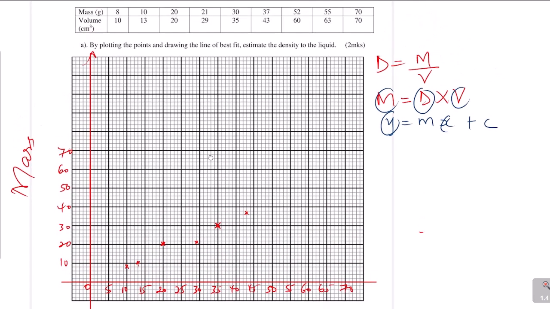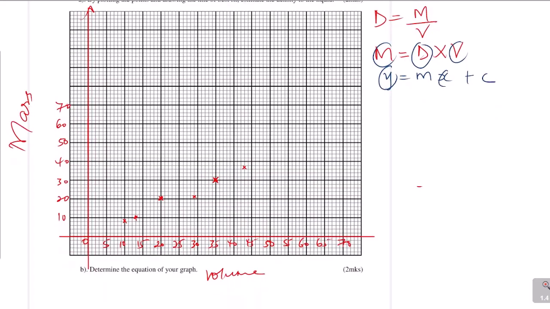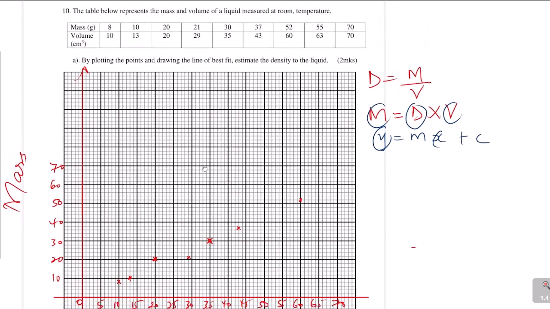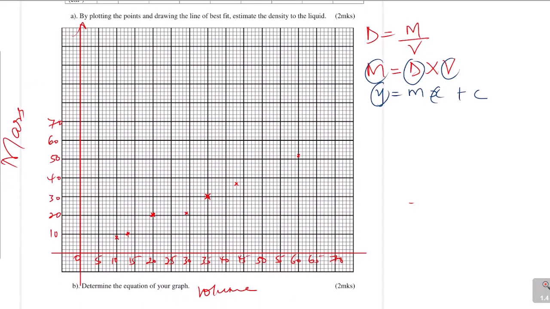Then the next one is 60, 52. Then 63, 55.